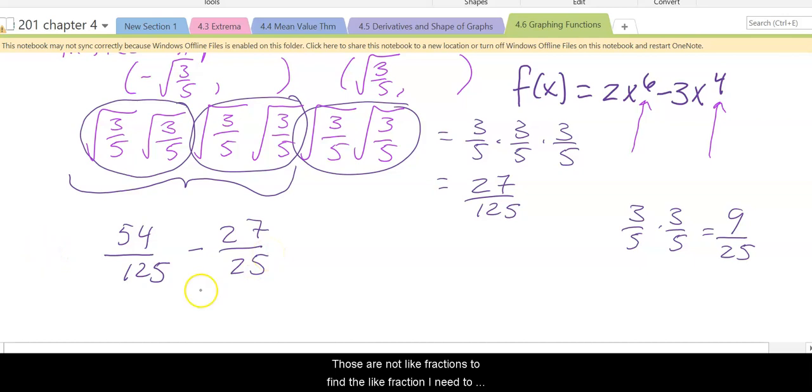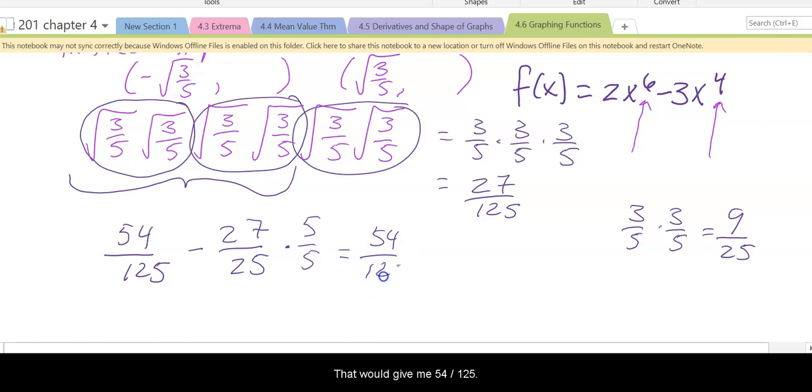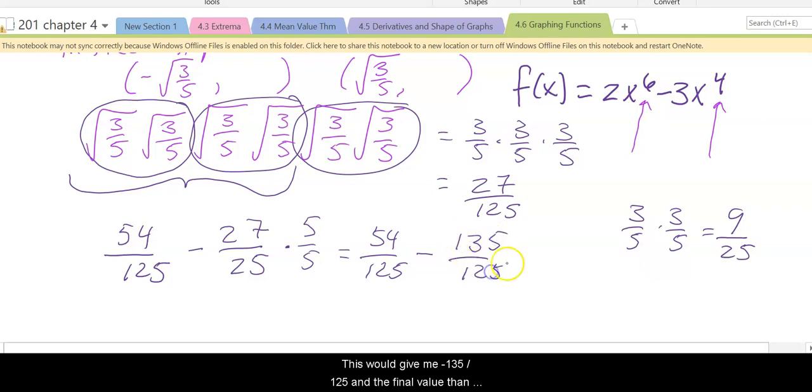fractions. To find the like fraction, I need to multiply the second one by 5 over 5. That would give me 54 over 125 minus 27 times 5, which would come out to be 135. This would give me negative 135 over 125, and the final value then would come out to be negative 81 over 125.